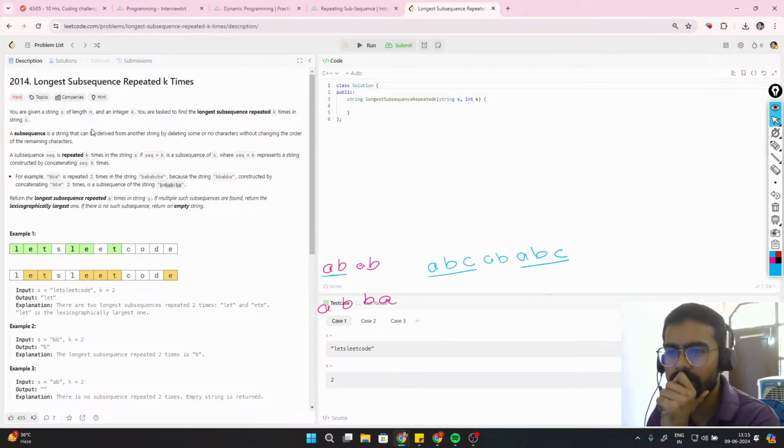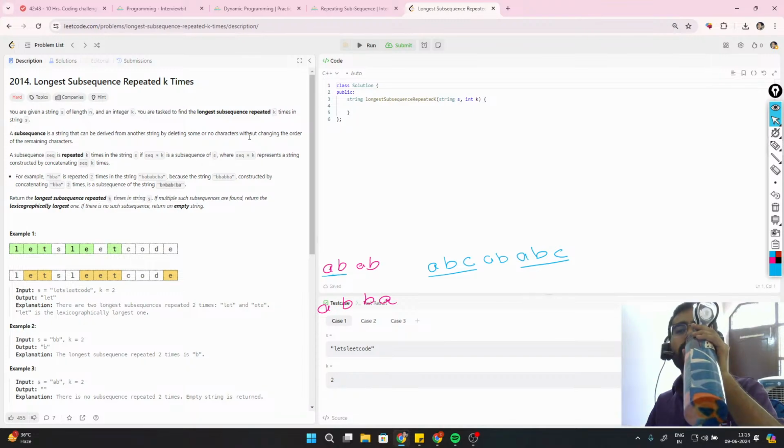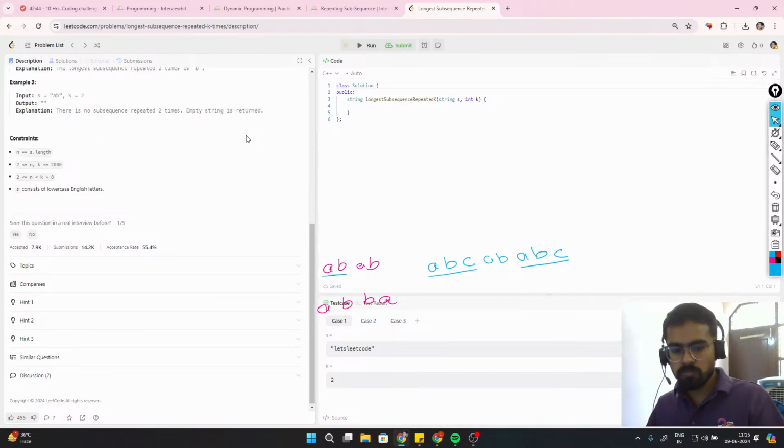Maybe what is the trick? You are given a string s of length n and an integer k. These are the two things that I have been given. You are asked to find the longest subsequence repeated k times. Just a second.